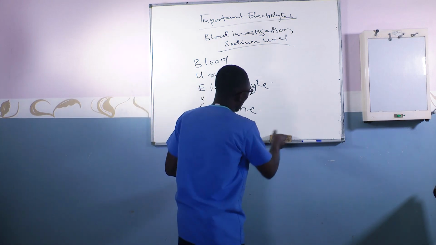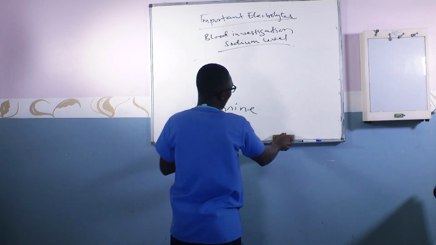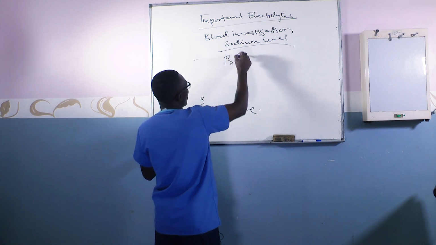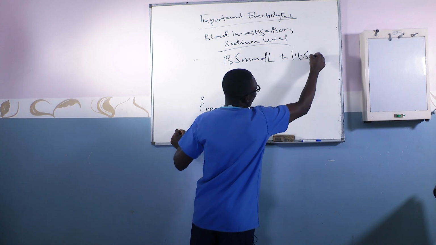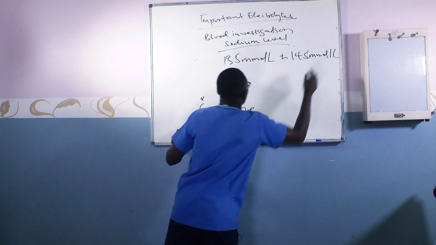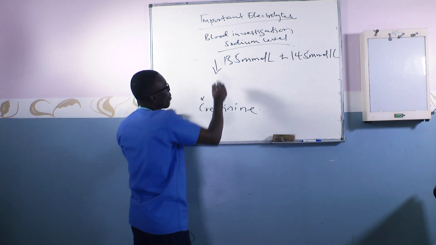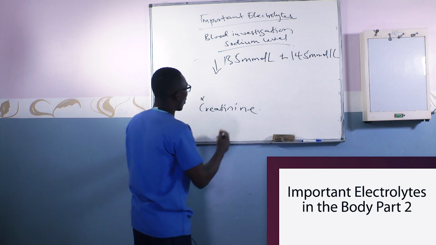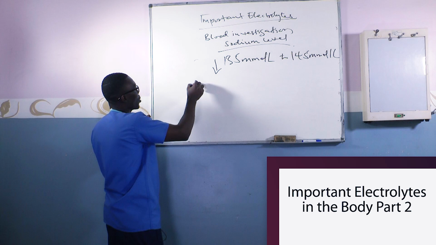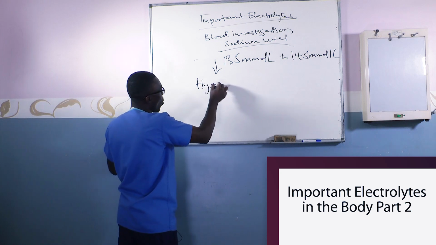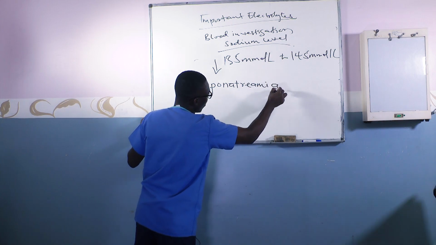And I'm saying that the serum sodium is between 135 millimole per liter to 145 millimole per liter. Hence, if your sodium level is below 135 millimole per liter, then you develop a condition known as hyponatremia.